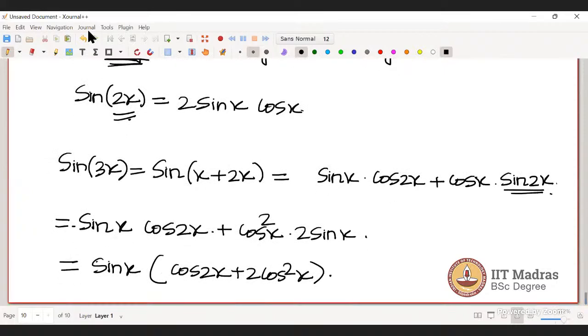To be very frank, we forgot all this, sir. It is better if the identities are stated in the question paper itself, because this is impossible to remember, sir. Okay, I agree with all of you. Till here I solved, but here I don't know the property of cos 2x plus 2 cos square x. So I got stuck here.